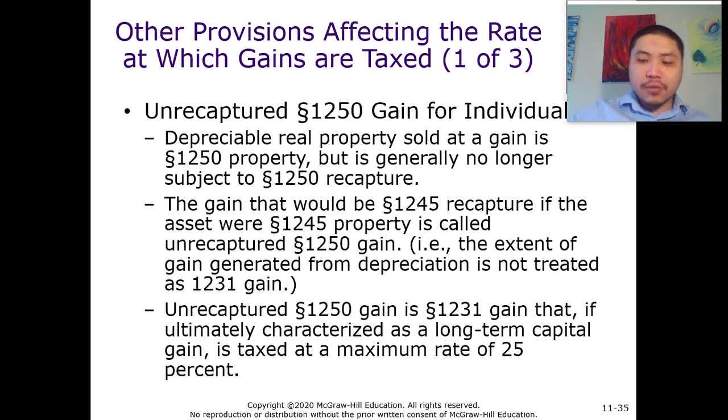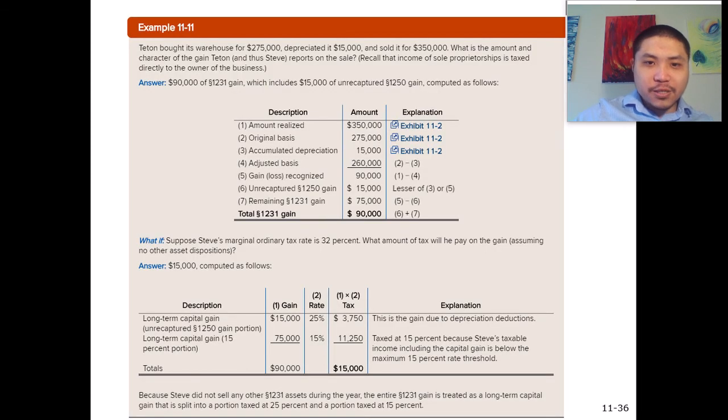Right. So let's look at this example. Hopefully, it clarifies the situation a little bit. All right. So again, say this company is still a flow-through entity. It's not a C corporation.